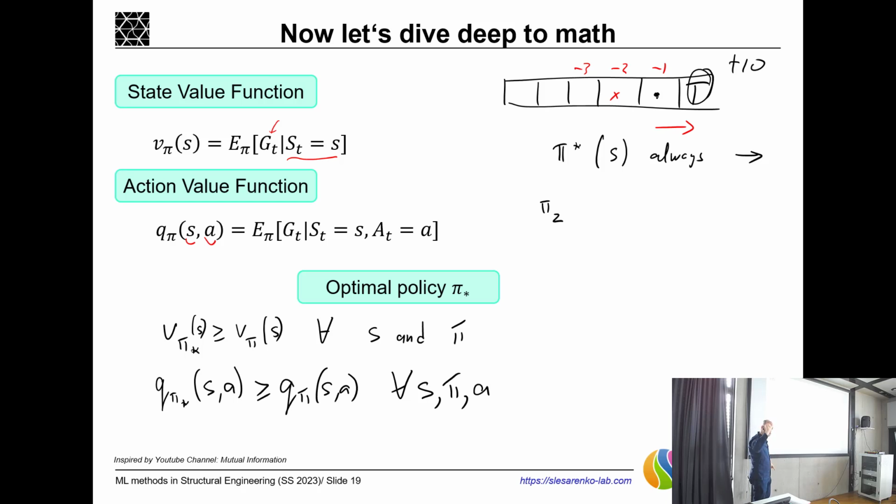If I'm always moving right, I will always get this reward of -1. If I consider 50-50, you can see that I will expect more steps on average, and therefore my final return would be lower. So that policy is not optimal, and all these numbers would be much lower, -10 or something like that.